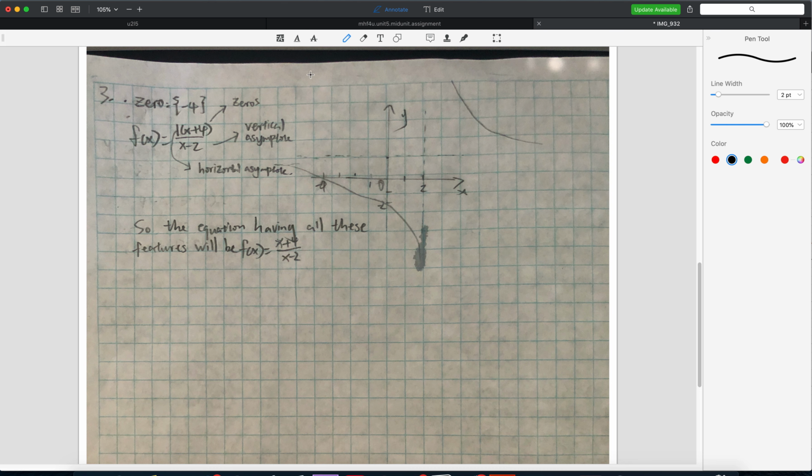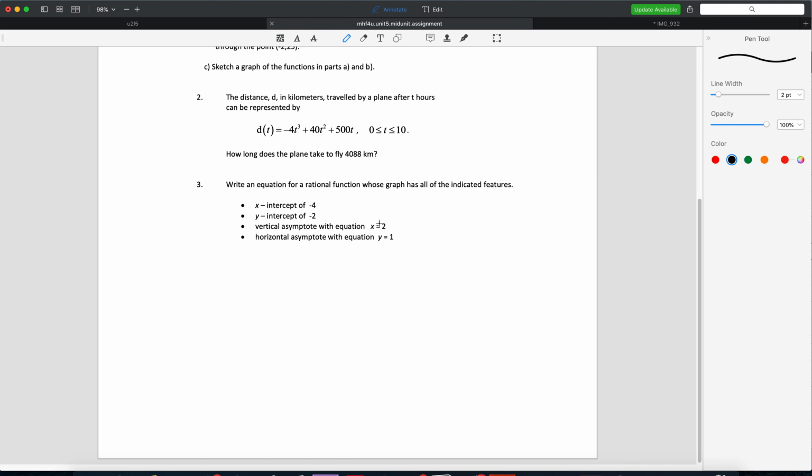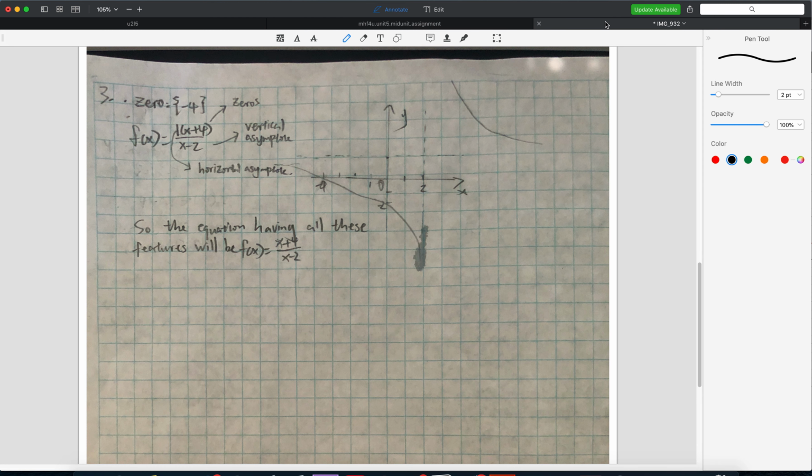So here, as we know, the vertical asymptote is 2, so we can just plug the 2 into this equation. So our denominator is x minus 2, and the zero is -4, x minus -4, so it's x plus 4.